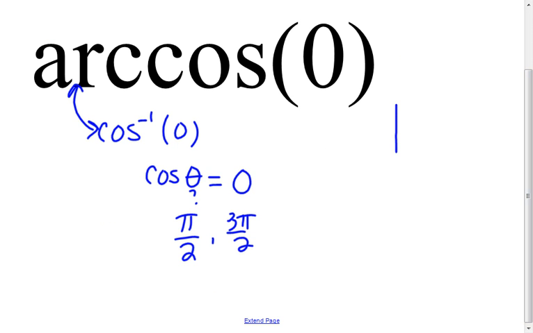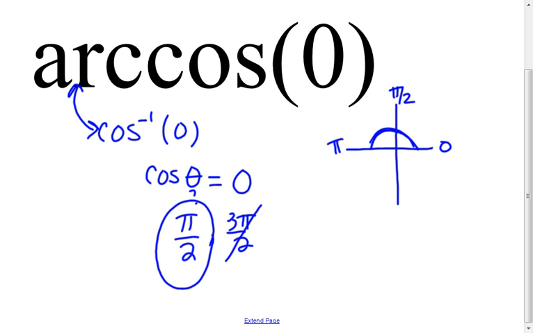So if you think about your unit circle, here is 0, here's pi. Your answers for inverse cosine have to be greater than 0 and smaller than pi, so they have to be up in here. And remember, this was where pi over 2 was. So pi over 2 fits into that spot, but 3 pi over 2 does not fit into the restricted interval, and I'm not going to count it as an answer.